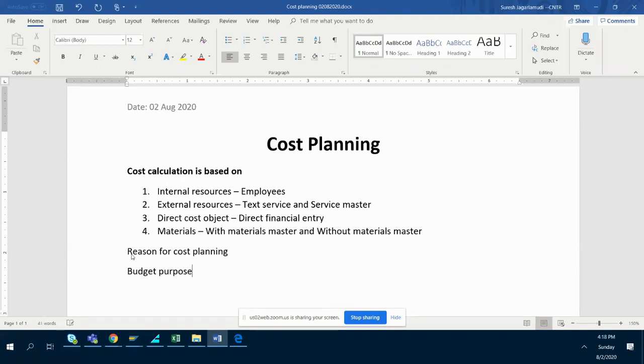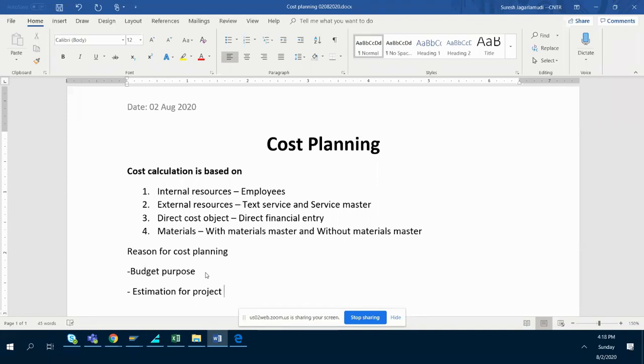It is just like a projection, and that means it is not real. It is just an estimation that this much of expenses will be incurred to complete the project. But at that point, it may be high or it may be low. So estimation for the project. It is just like a plan. It is not actual. It is the estimate, the estimation projection, in my language.